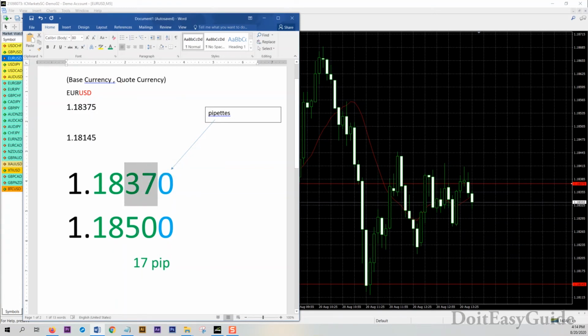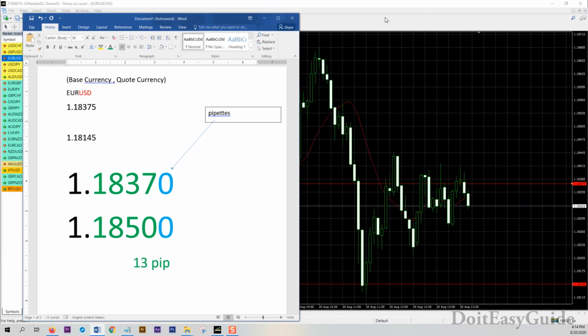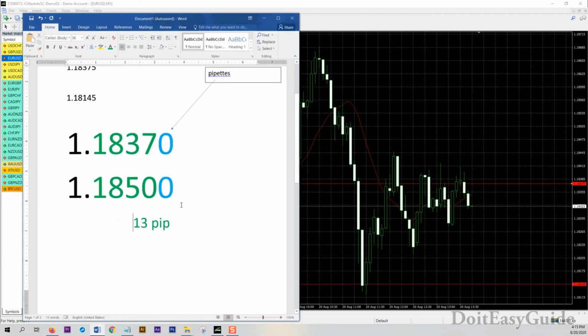It went up 13 pips. Right? Now if you know this stuff, this can be boring, but I'm going slow because this is intended for beginners who are very new to forex trading. That's why I'm going slow and trying to explain these things.